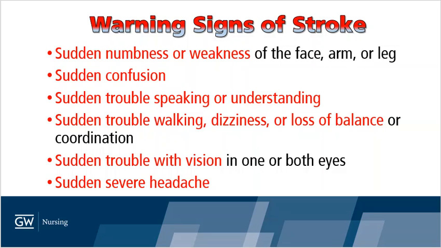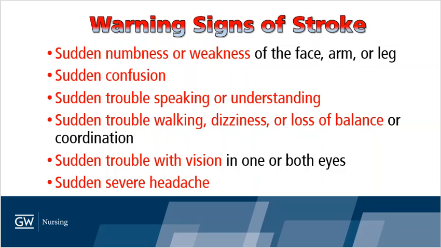Sudden numbness or weakness. You can see it as a facial droop. You can have them squeeze your fingers and you notice a deficit on one side or the other that wasn't there. Sudden confusion or sudden not being able to respond and get the words out. Maybe they're slurring or they look confused, or they're having a difficult time understanding you. Again, this is all sudden, not gradual onset, but sudden.